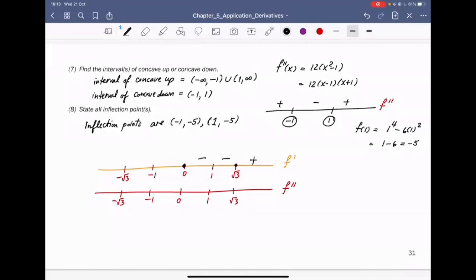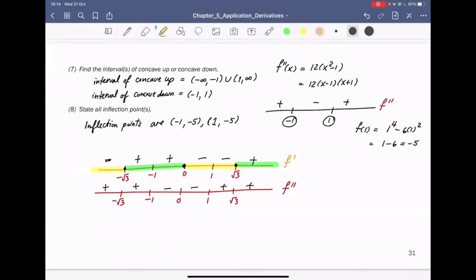And from negative square root 3 to 0, this is plus, and this is minus, because the sign of f prime switches like that. And also the sign of f double prime is going to be plus outside 1 and outside negative 1. Everything else is minus.